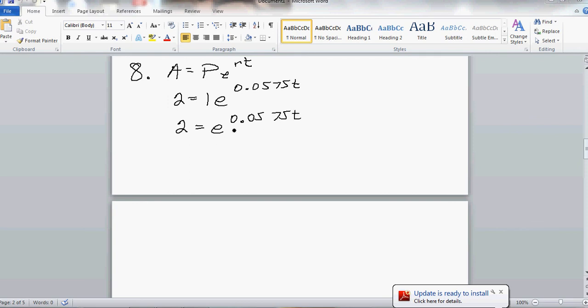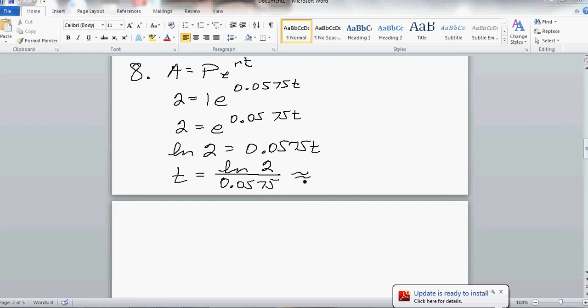Now to get rid of this e raised to this power, we have to do logarithms. So we need to take the natural log of both sides. And if we remember back to the last couple of sections, this is what we will get. Then, to solve for t, we just take the natural log of 2 and divide by 0.0575 so that we get t all by itself.